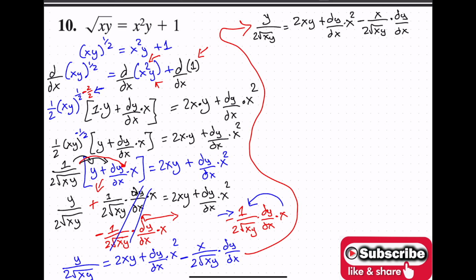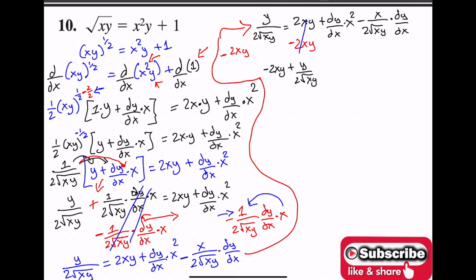Now that we have it like this, I need to move this term here over, so I'm subtracting from both sides of the equation. I'm going to erase a little bit here just to create that room here. So I'm subtracting 2xy. So in here it crosses out, and I'm left off with negative 2xy plus y over 2 square root of xy.